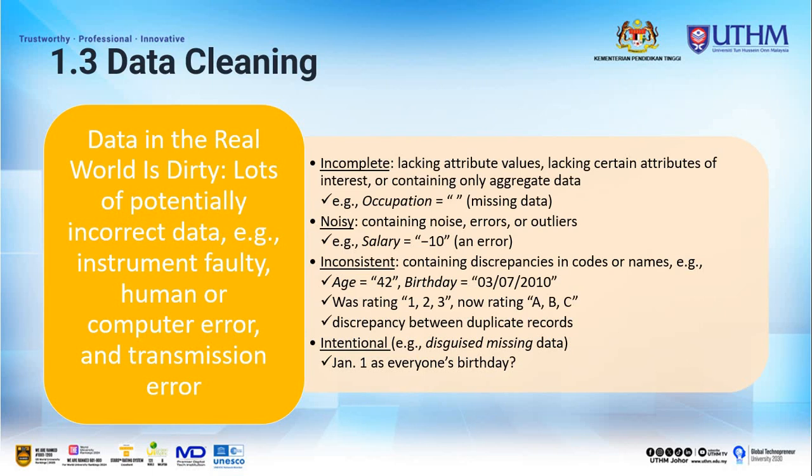Inconsistency: age is 42, but the birthday is 2010. But now we are in the year 2025, minus 2010, it will be only 15 years. So which one is the correct one? These are what we generally call data quality issues, where we need to do data cleaning.